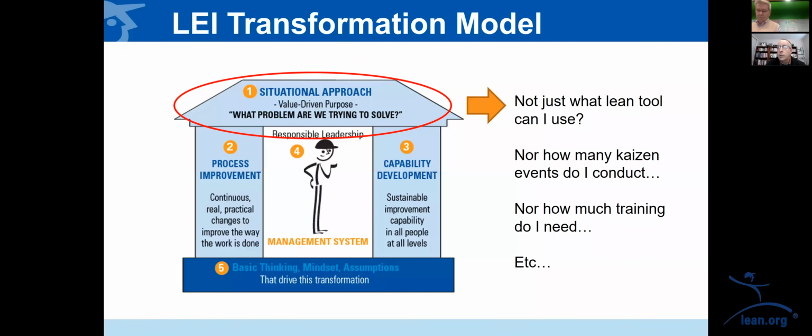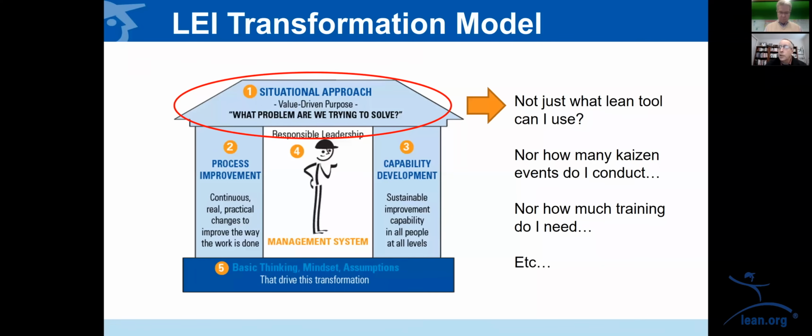It's a valid question. It's an important one to think about. What are you going after? What are you trying to accomplish? What are you fixing? It's not as simple as just what lean tool am I trying to use here? How many Kaizen events am I holding? What training should I do, etc. It's fundamental, always asking that first principle question of what are you trying to accomplish here? What problem are you trying to solve?